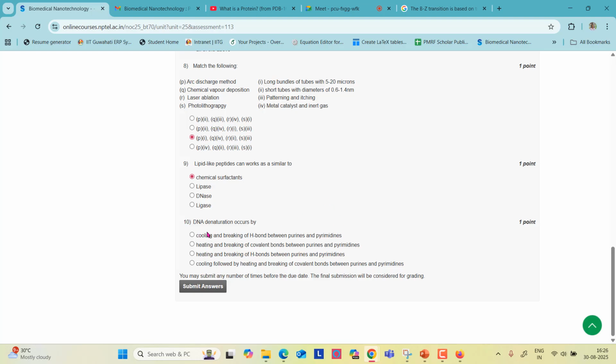Last question is DNA denaturation occurs by cooling and breaking of H bonds between purines and pyrimidines, heating and breaking of covalent bonds, heating and breaking of H bonds, or cooling followed by heating and breaking of covalent bonds. What is the correct answer?